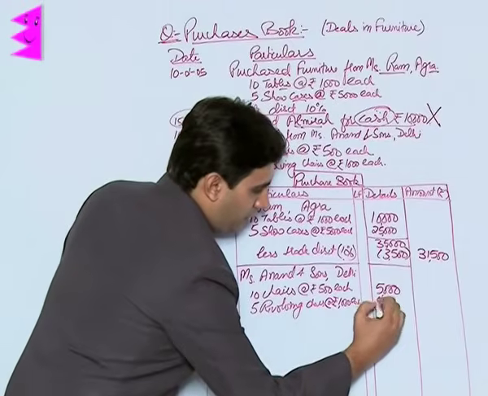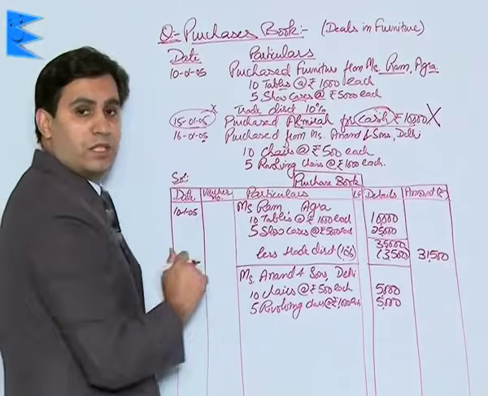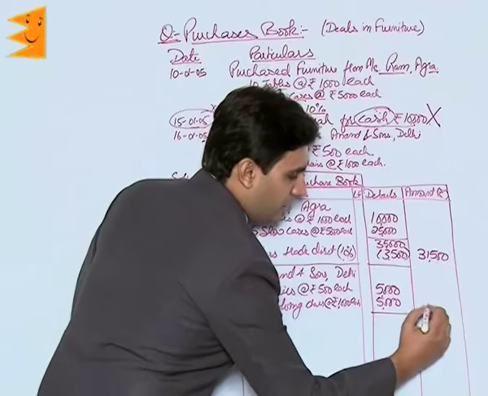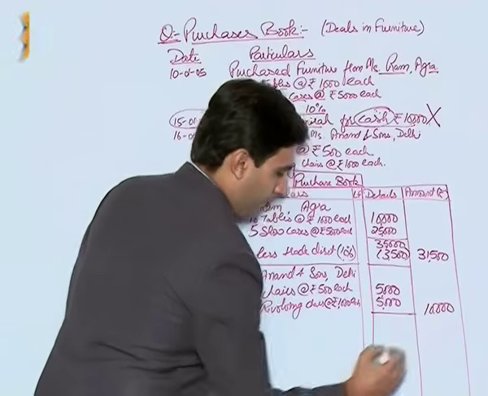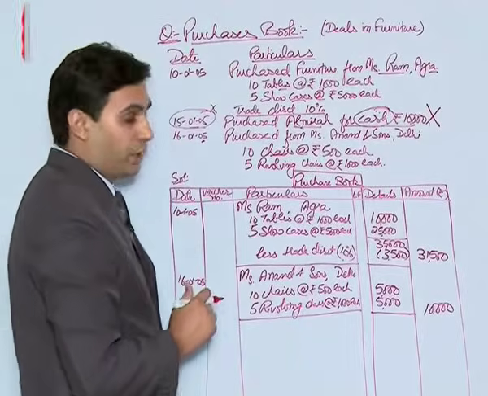Again, the total amount for chairs comes to 5,000. Now there is no discount in this case, so the total amount of 10,000 is transferred to the amounts column, and this posting is also complete.